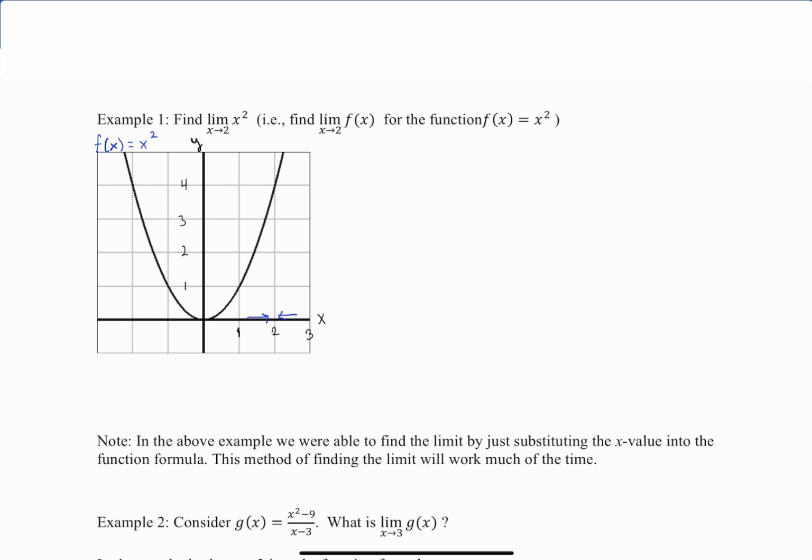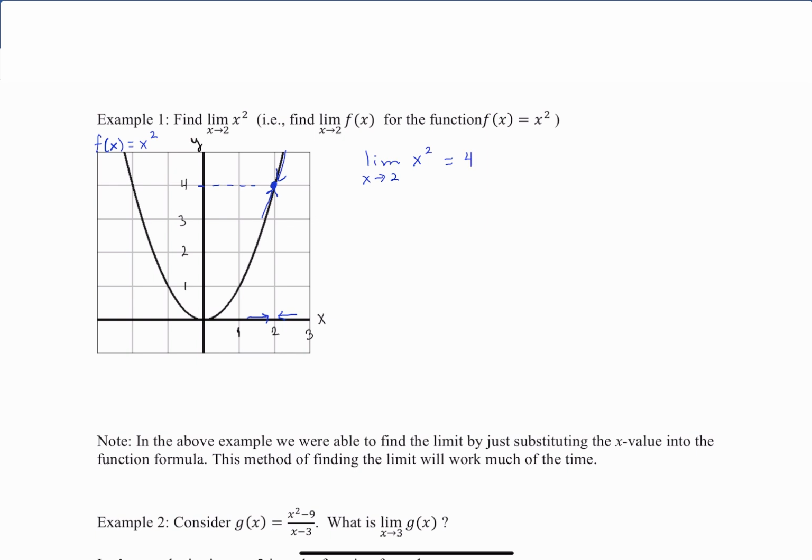So we're thinking about coming in either this way or this way towards the point where the x coordinate is 2, and we can see that the y value there is 4.